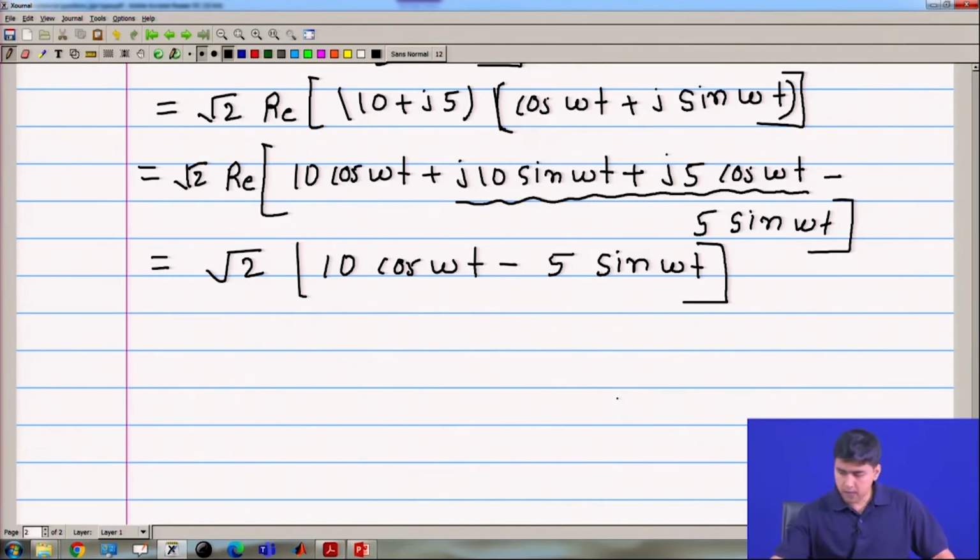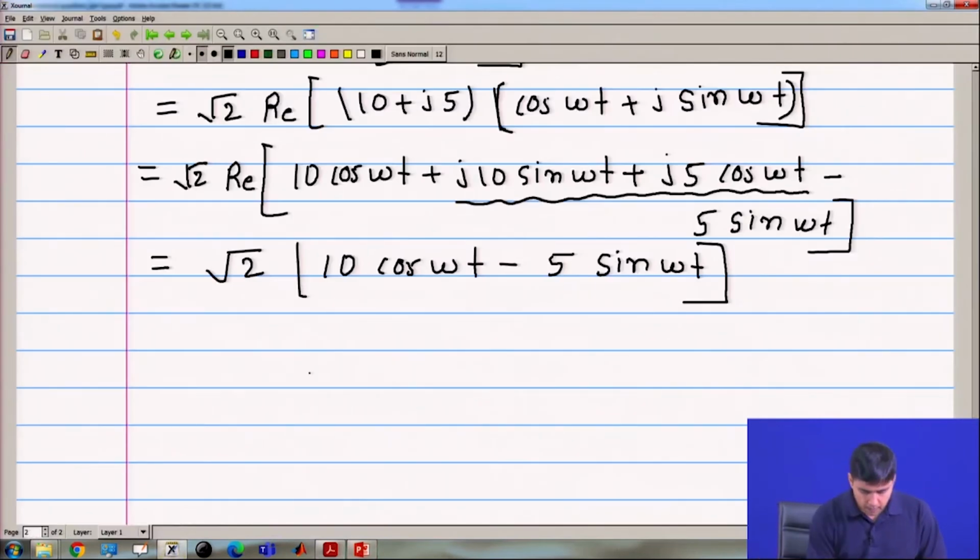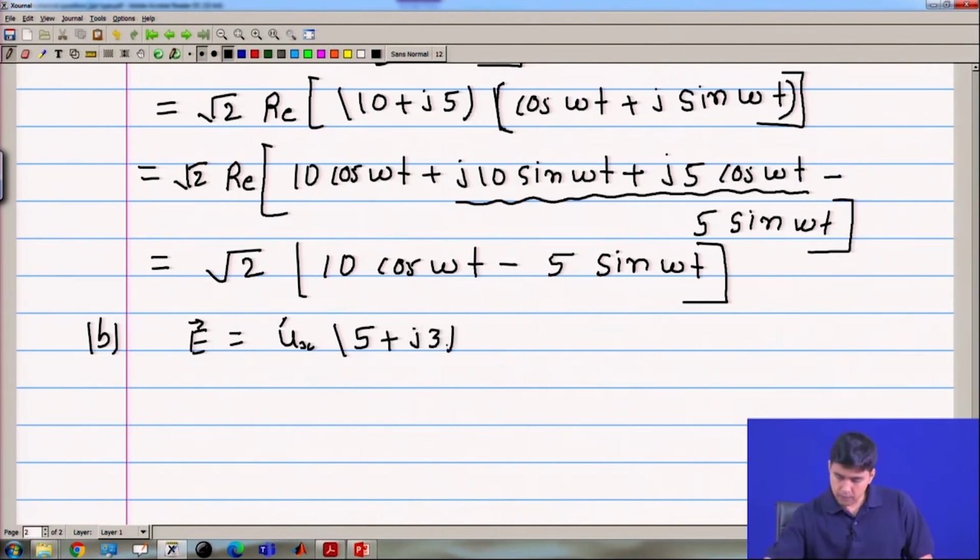In the next part, electric field is given, means E part is given, ux. In the B part, it is given E equal to ux (5 plus j3) e to the power j omega t plus uy (2 plus j3).